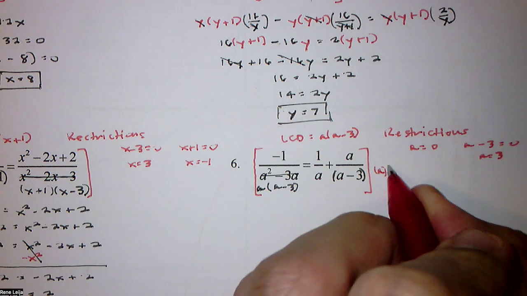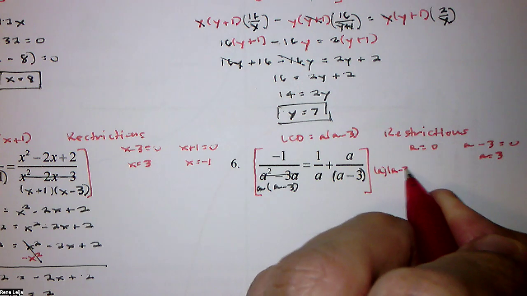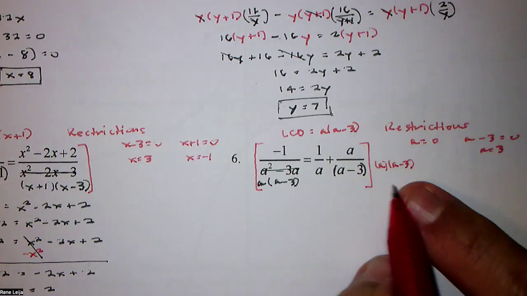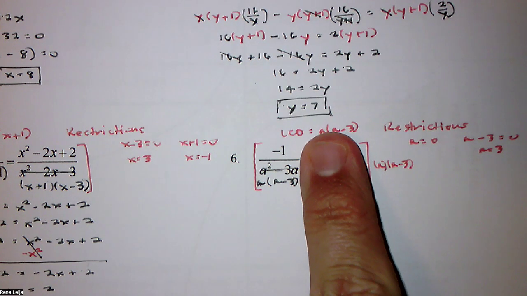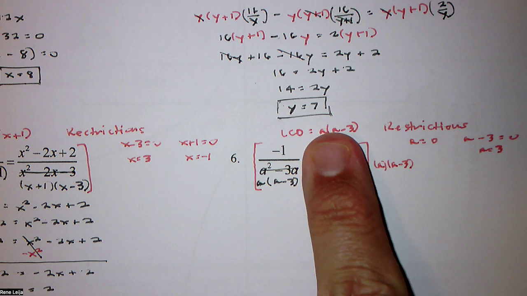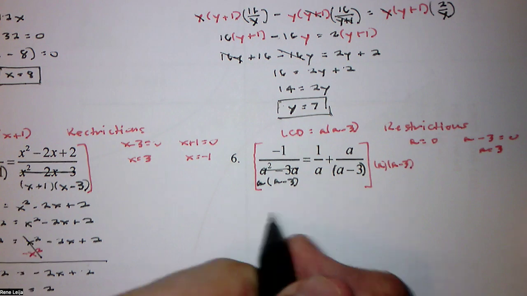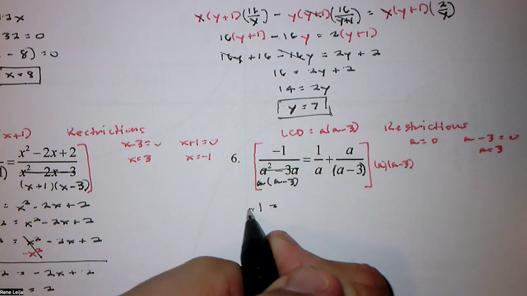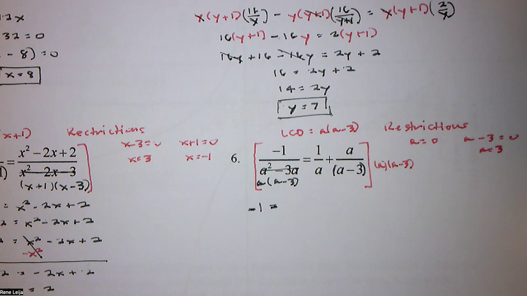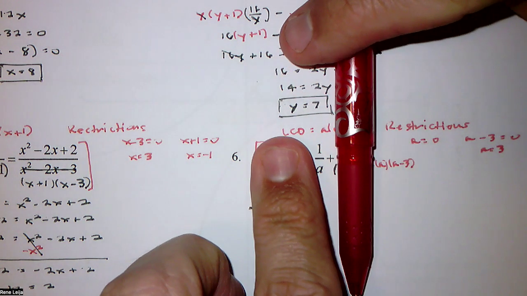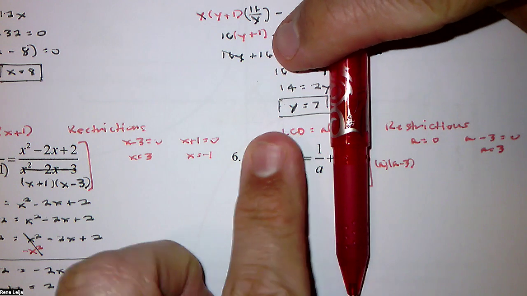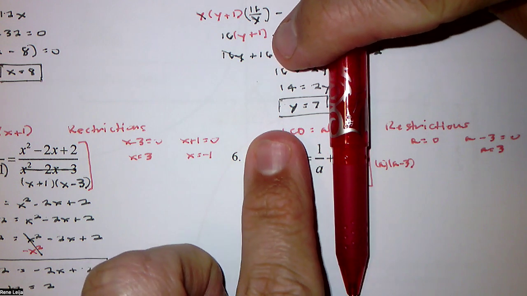All right. So we are going to multiply through by a times a minus 3. So when I distribute to the first term, I lose my denominators, which is good. So that means we're only left with the negative 1 equals. Okay. So now when we distribute to the middle term, I'm going to lose the a's.